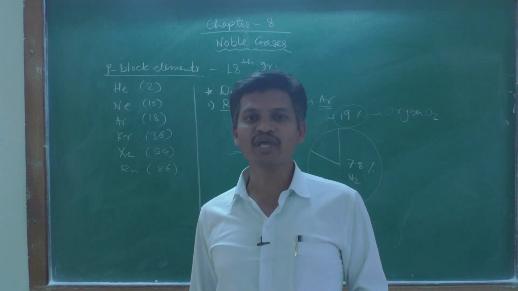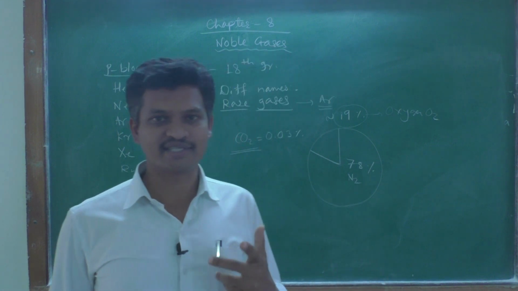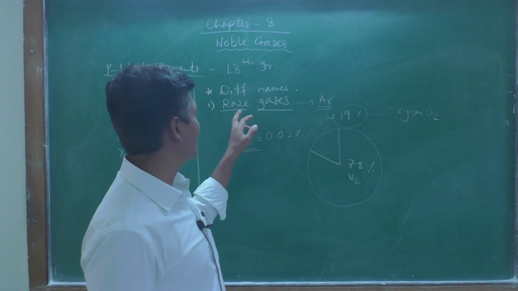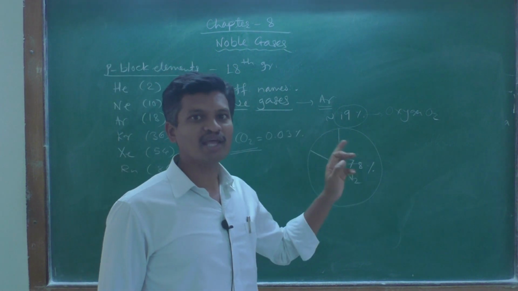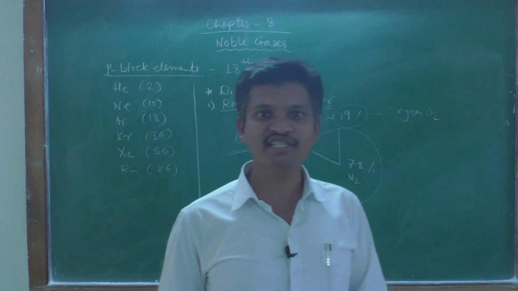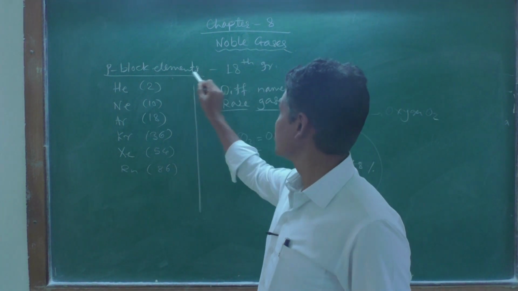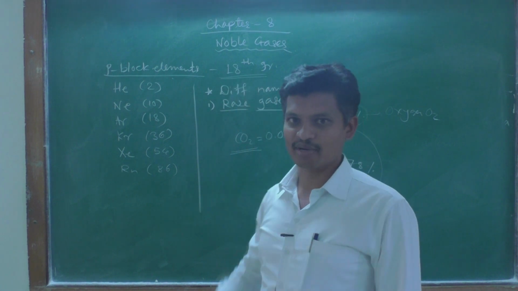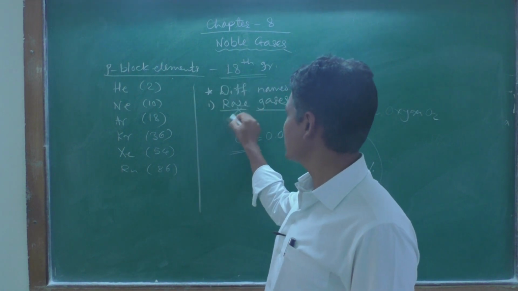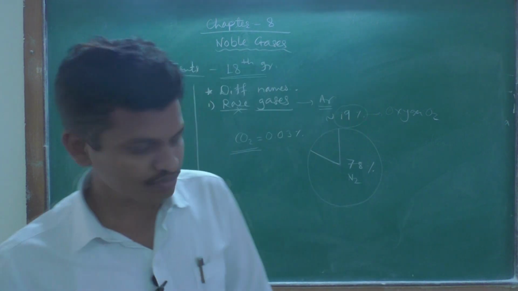So how can we say that argon is a rare gas? That's why the name rare gases or rare elements is incorrect for the 18 group elements.